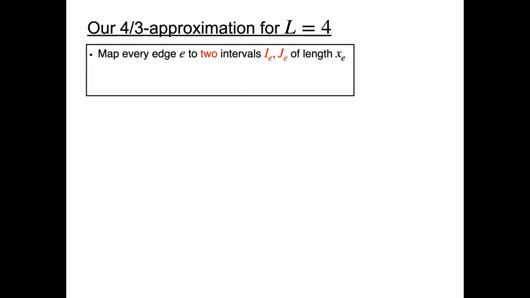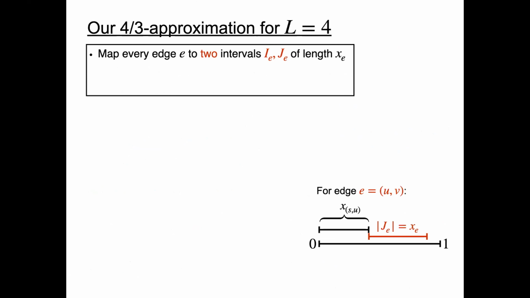Okay, so what do we do? Well, we resign ourselves to the notion that we'll have to map edges, in this case, to two different intervals. So the idea is you map E to two different intervals, one for paths in which it's the second edge, and one interval for paths in which it's the second to last edge.